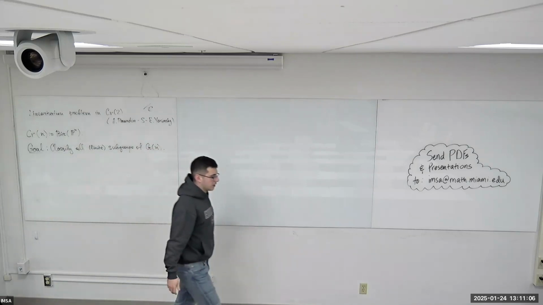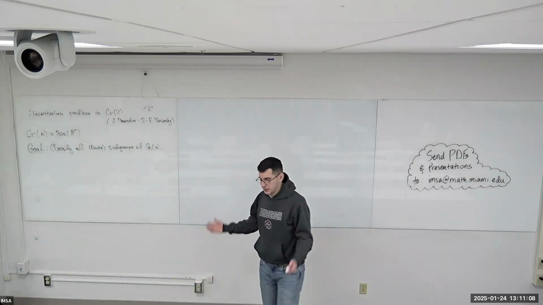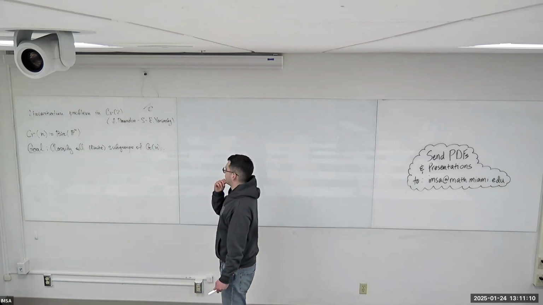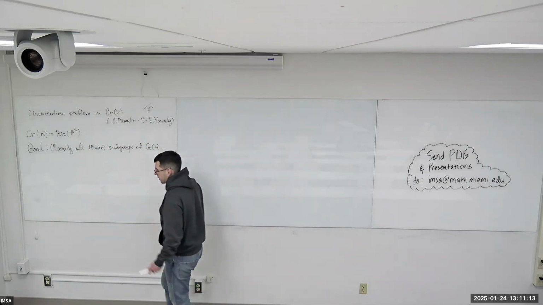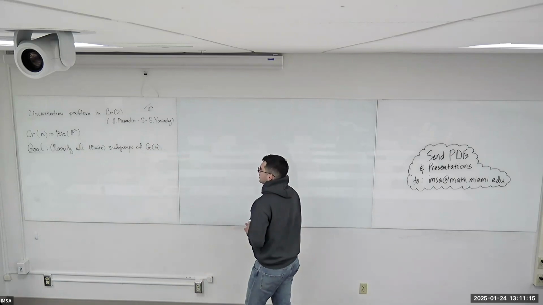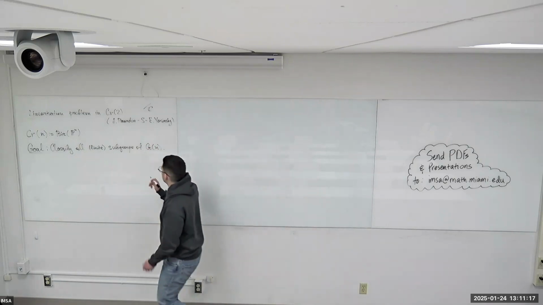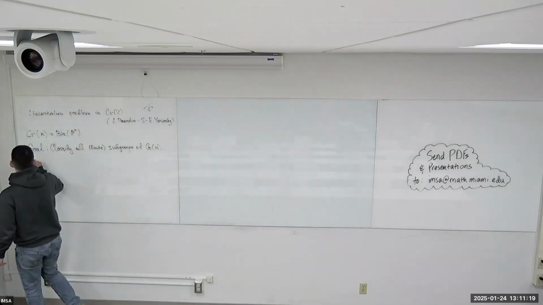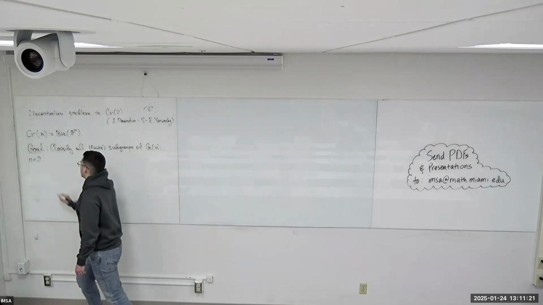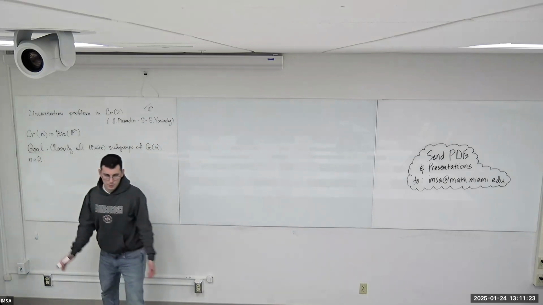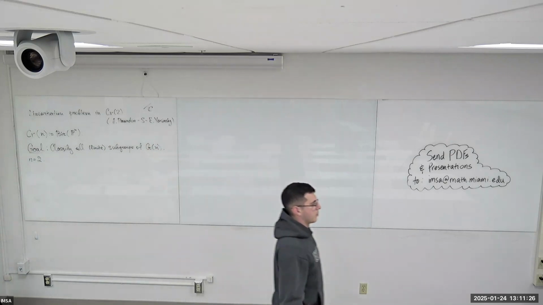Unfortunately, this problem seems very hard, but there are some partial results. During my talk, I'll focus on the case where n is equal to 2. What do we know about Cremona 2 and its subgroups?